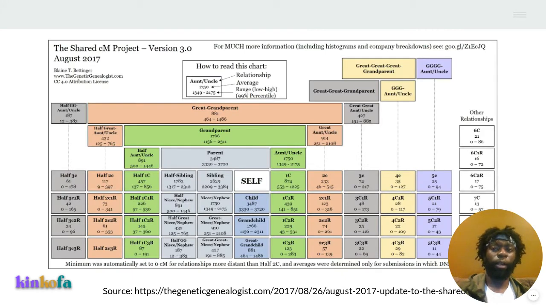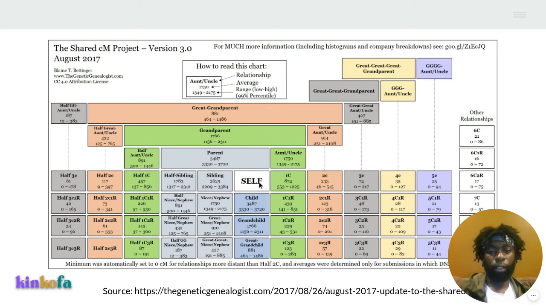Here is a view of the Shared CM project, and really it's a DNA relationship table. If we're starting here in the middle with yourself, this is going to give ranges and averages for the amount of DNA that you would share with someone for a particular relationship.